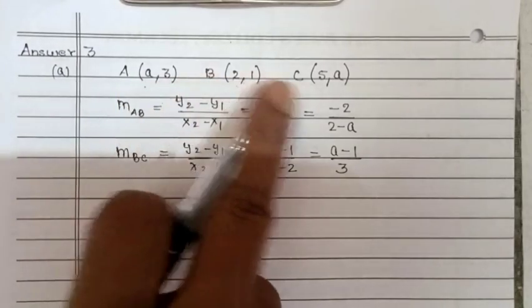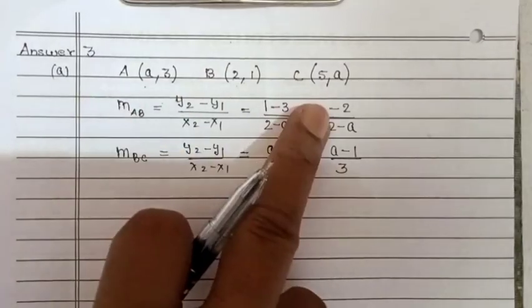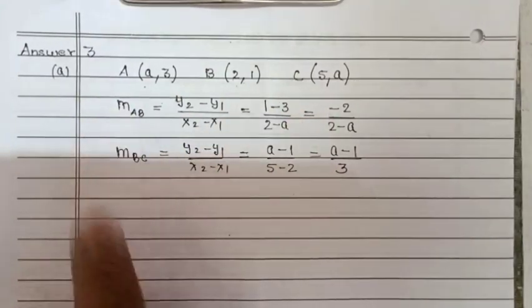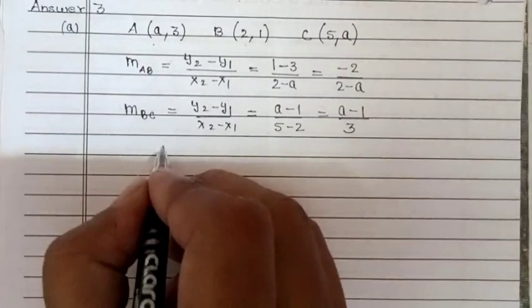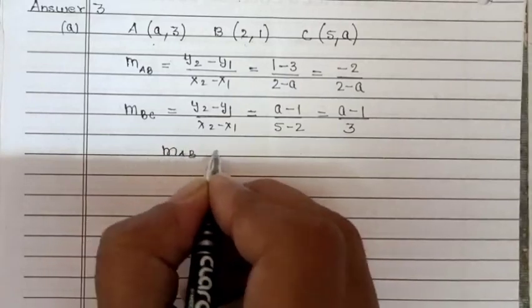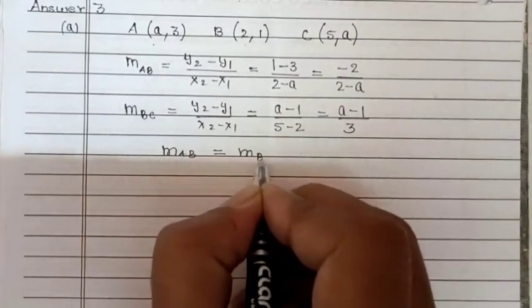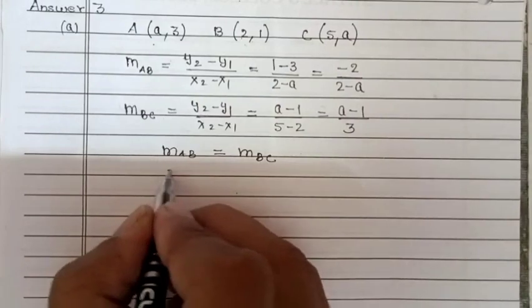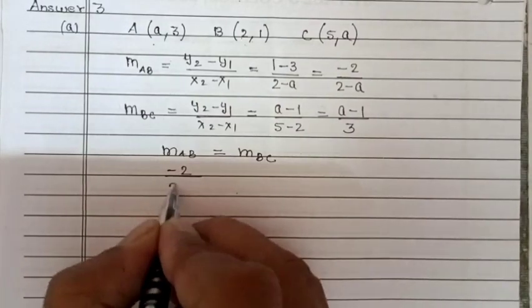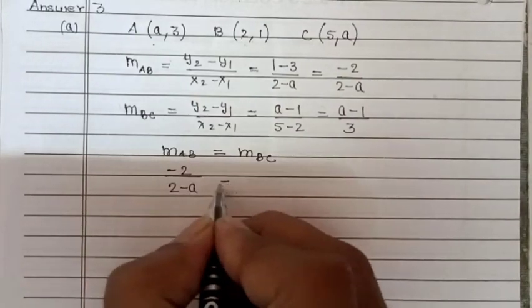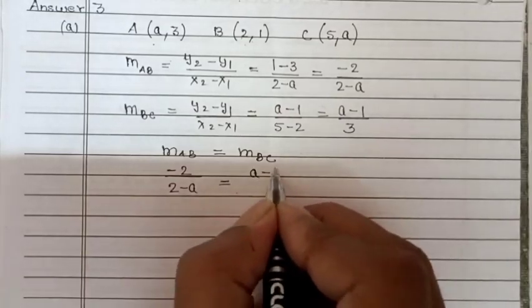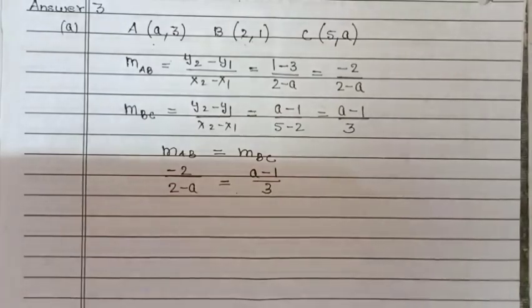Now as A, B, C are collinear, they are on a straight line, so these two slopes must be equal. So we are equating these two: minus 2 upon 2 minus a is equated with a minus 1 upon 3.